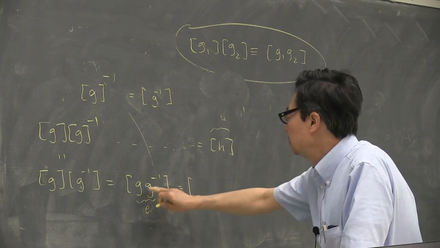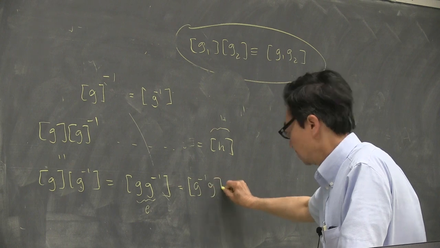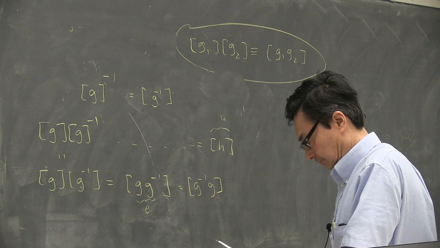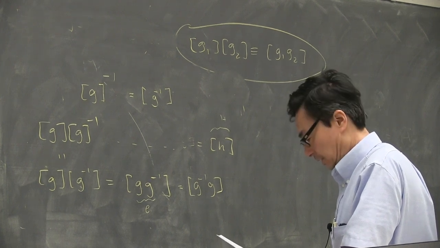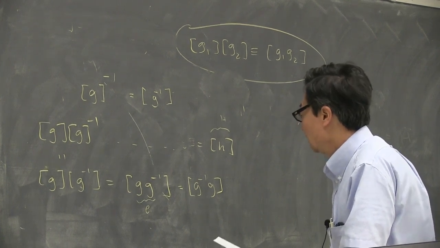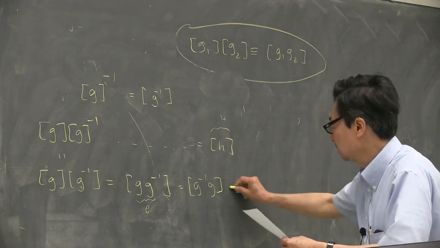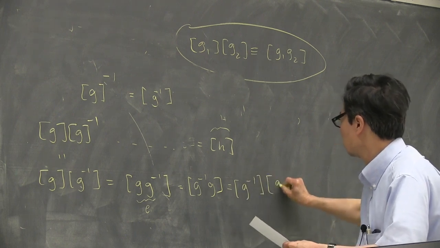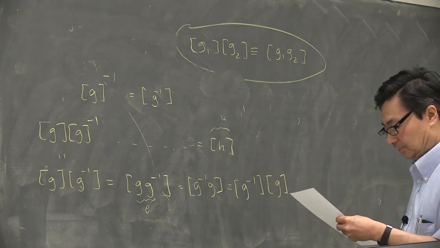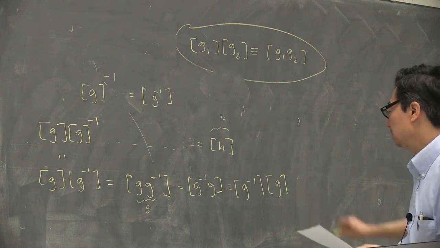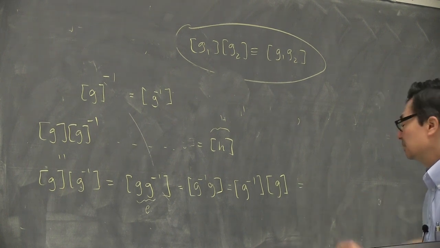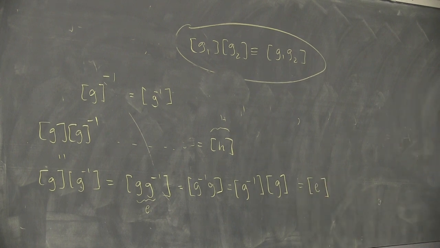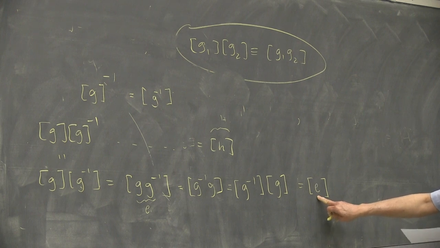You also know that GG inverse is the same as G inverse G, which, by the group multiplication rule, is equal to G inverse bracket times G. But you know that this is equal to the coset that's characterized by this, okay?